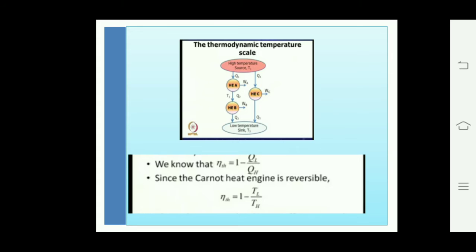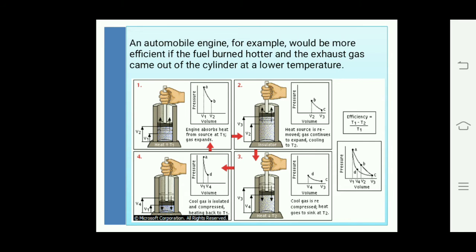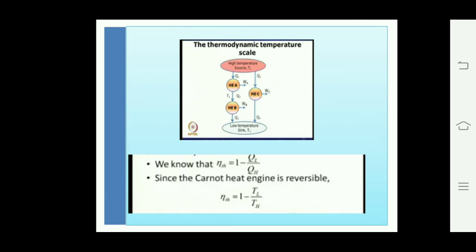For example, our hot temperature is 1000 Kelvin and our cold temperature is 300 Kelvin. As we increase our source temperature, that will give us a high efficiency.